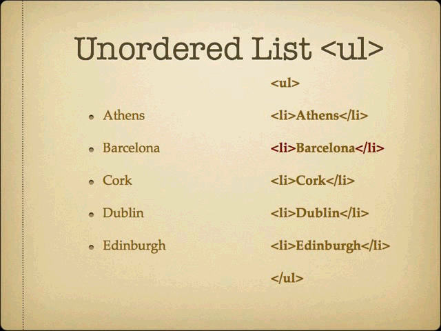And then each individual item in the list is wrapped up in this LI tag. So it's important to see how these tags are nested together, how they work together, and also it's important to remember to close off every tag that you open.